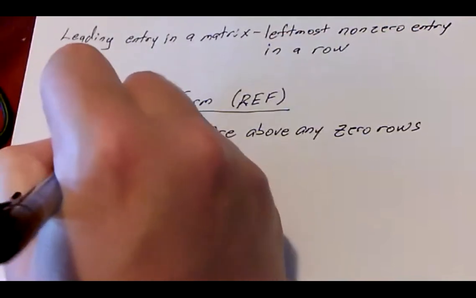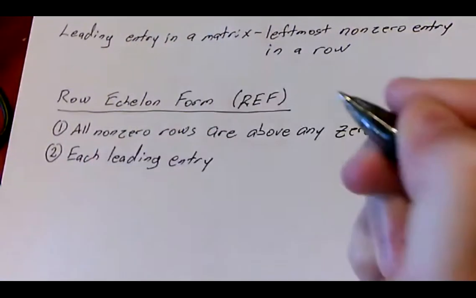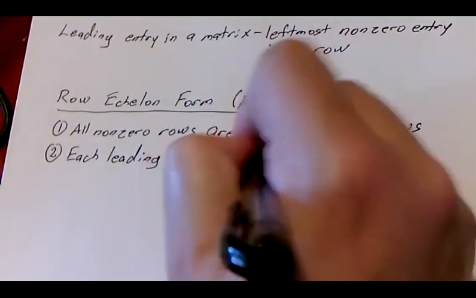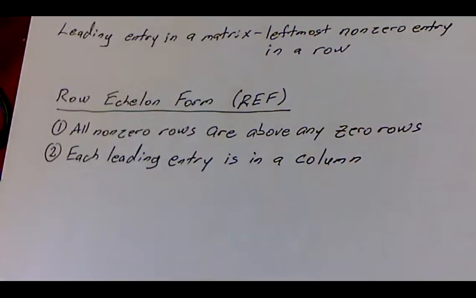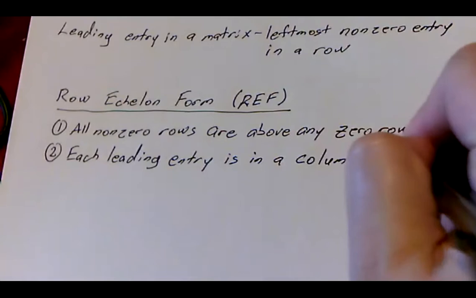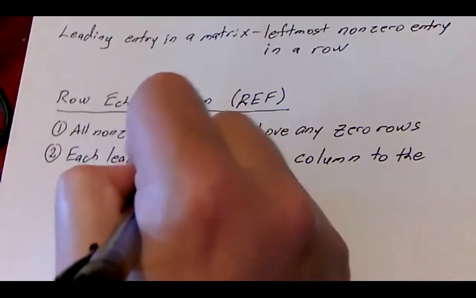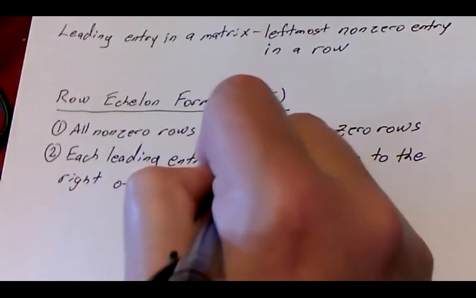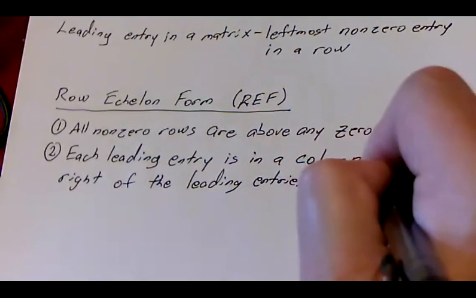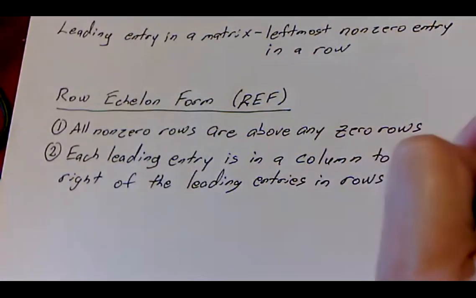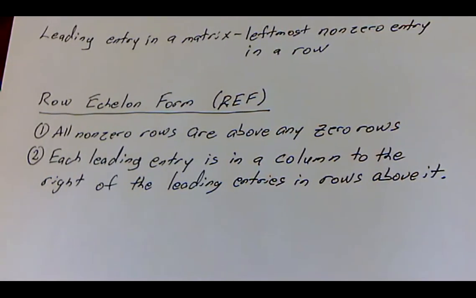Second, each leading entry is in a column to the right of the leading entries in the rows above it.